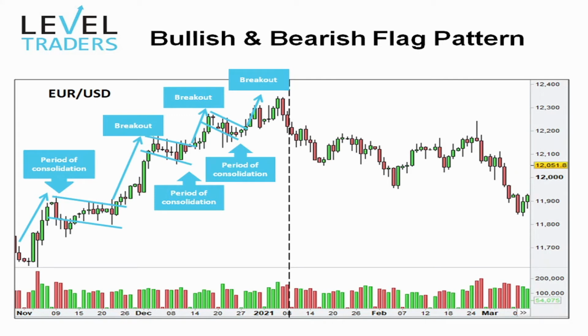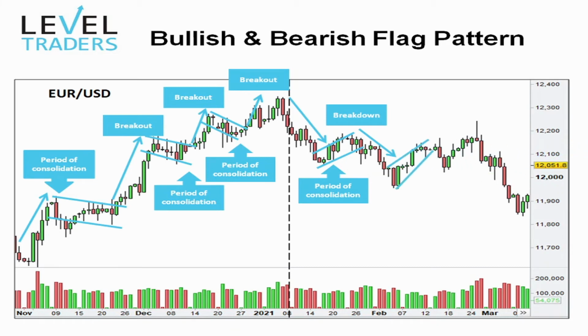Start of 2021, the euro dollar starts to head south. Then you'll see, same as before, period of consolidation. But this time, the price breaks down. And you'll see that happening again for a further three times with the euro dollar with consecutive bear flags.